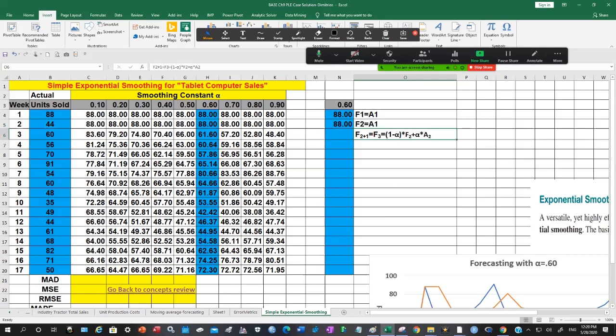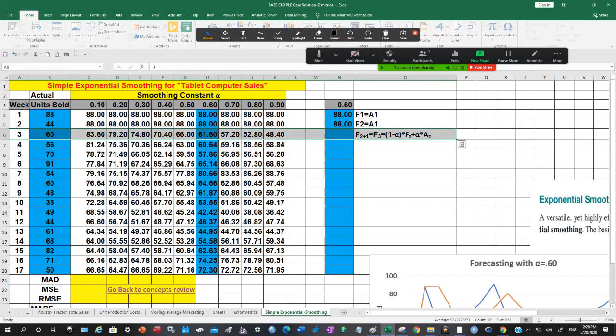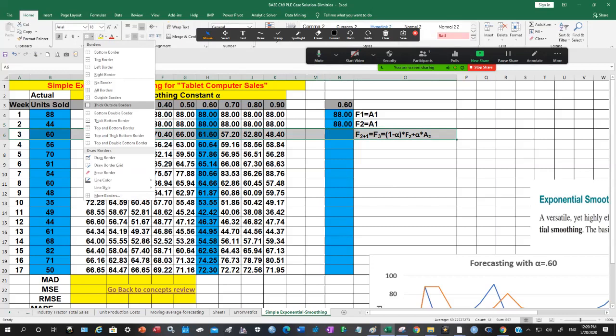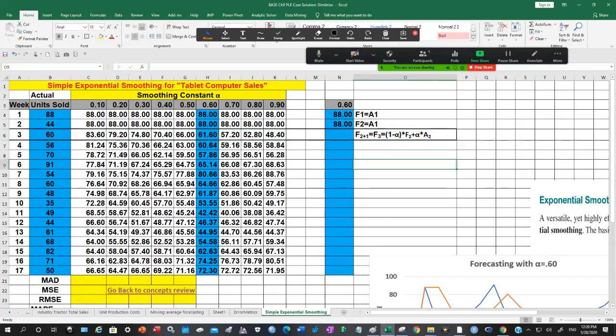Then we're now in week 3. So let's put that in a box so that we know that we are working with this week.